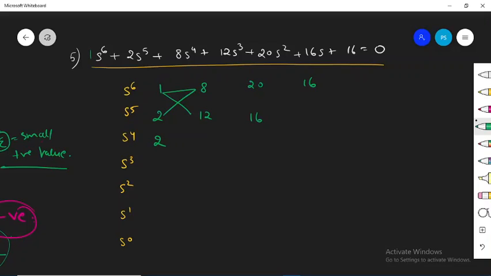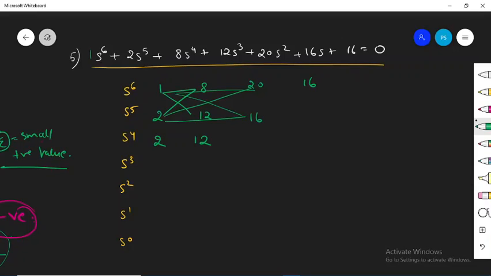Second term: 2 into 20, that's 40, minus 16, divided by 2. So that's going to be equal to 12. The next term you are getting is equal to 12.